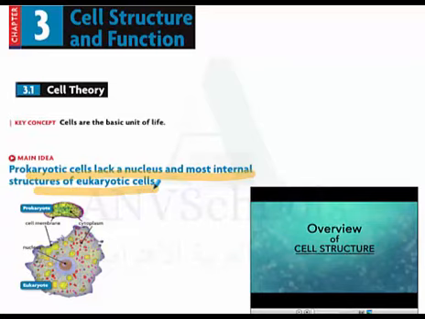So when we are looking at cells, we can categorize them into two main categories: prokaryotic cells and eukaryotic cells.